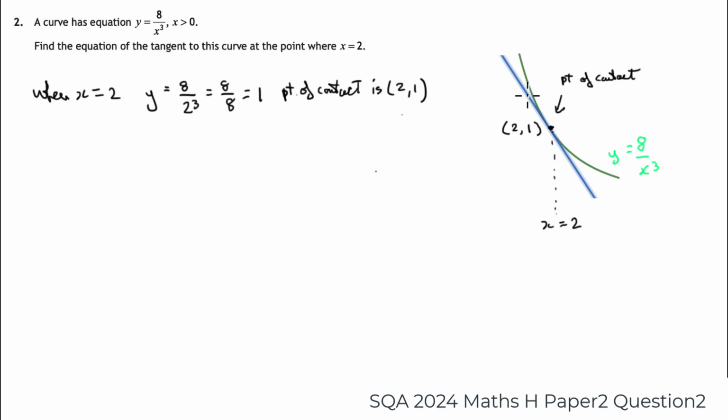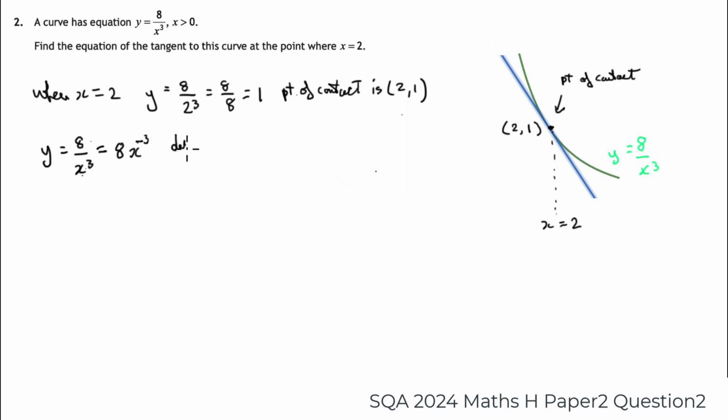Next we have to find the gradient of this blue tangent line, and we'll do that by differentiating the formula for the curve. Now, as it is, that formula is not in a state we can differentiate. We have to get x raised to some power. So laws of indices would tell us if we move this x cubed up to the top of the fraction, it becomes x to the minus 3.